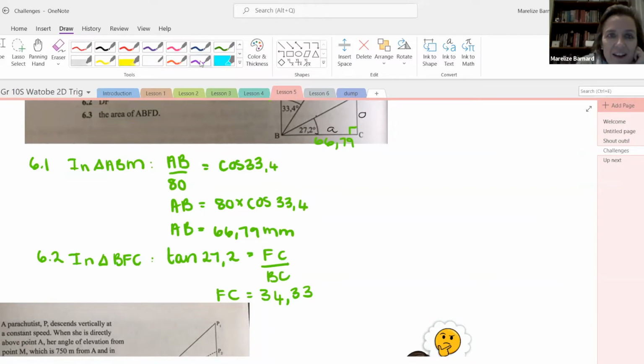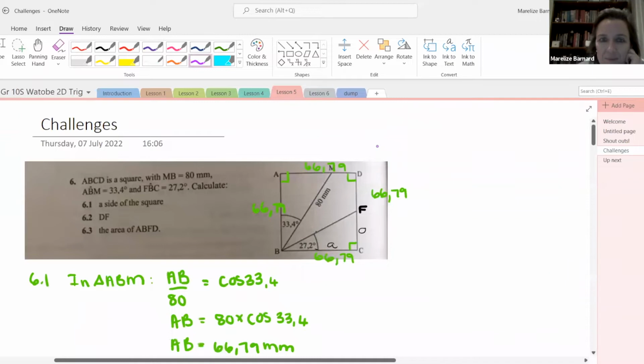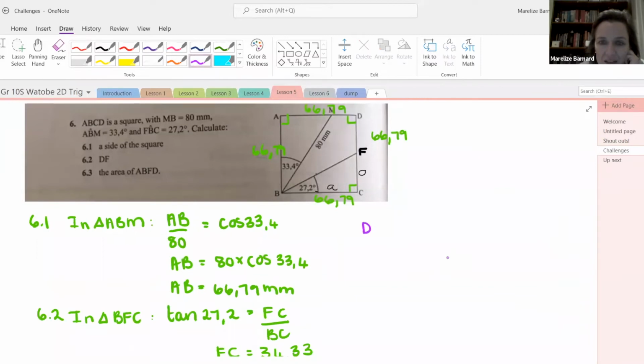So now we're going to calculate what DF is actually. So we take the 66.79, and we subtract the 34.33. Just listen carefully to the instruction and which answer I would like for you to post, okay? I just wanted you to post what FC was. So FC was 34.33.